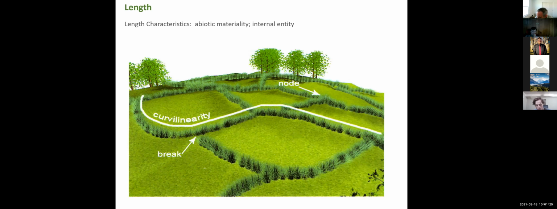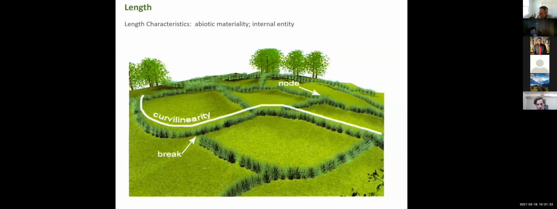And a high density of nodes in a corridor network can indicate a high level of wildlife residency in the network, with multiple pathways available for wildlife movement.